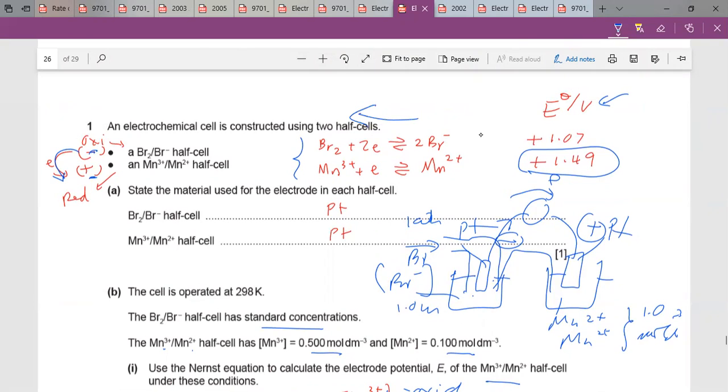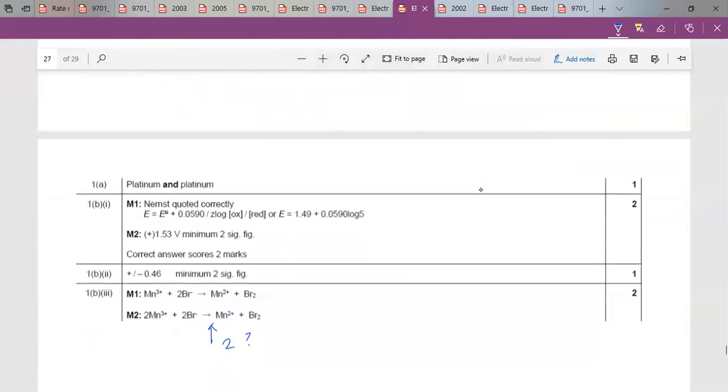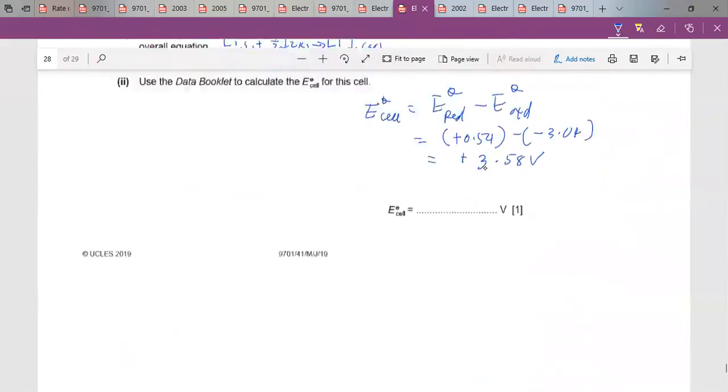So 2 Br minus becomes Br2, this is your oxidation. You can see you need 2 electrons here, times 2 to cancel off in this equation here. 2, 2, 1, 2. The marking here is also wrong. 2 here. Okay, all right, so we finish the last two.